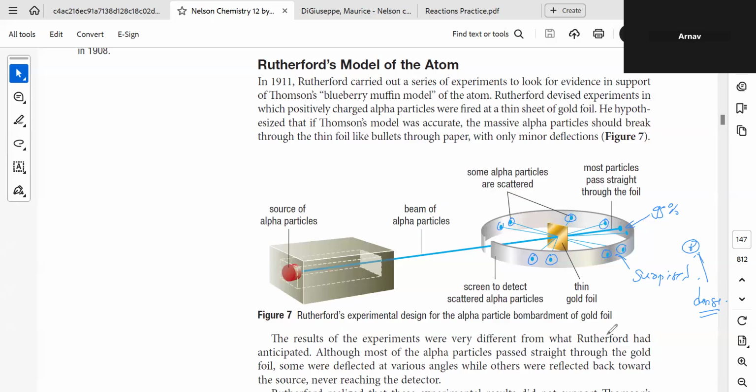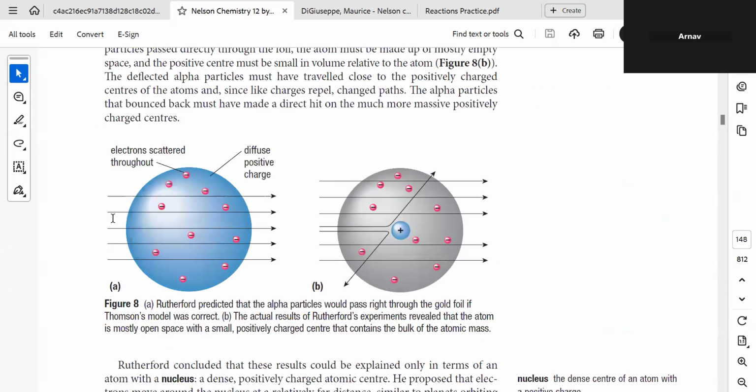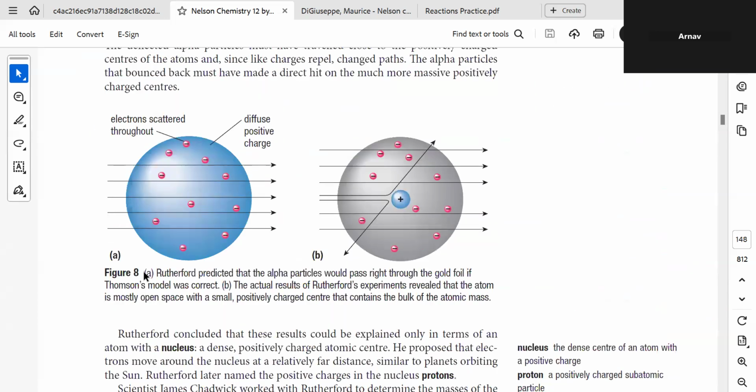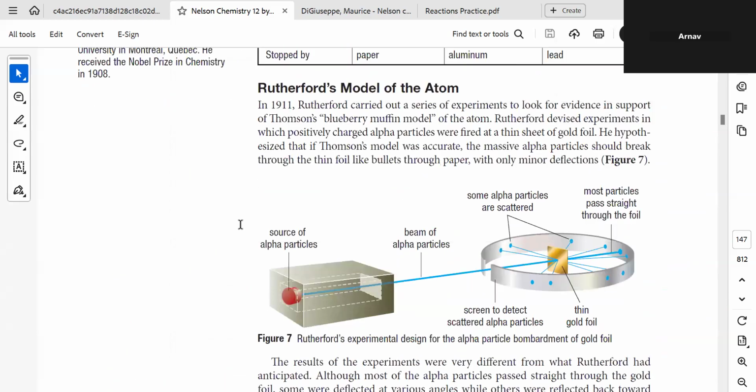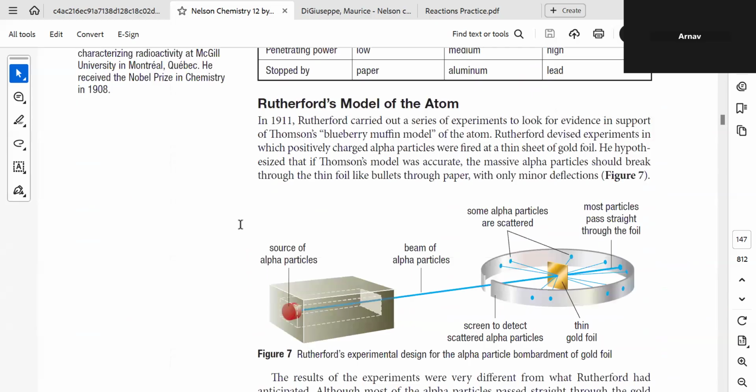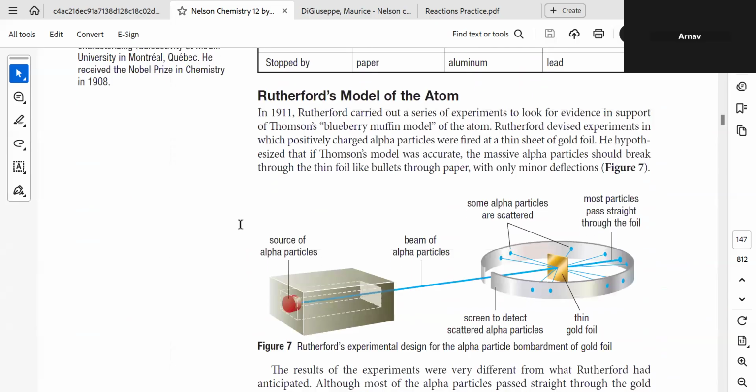Any doubt? No. Okay. So now what I want you to do is take the second screenshot, figure 8. Wait, so the alpha particles, are they positively charged? Yes. So why are they being deflected to the positively charged?